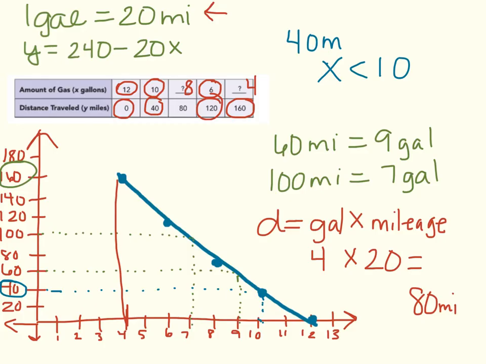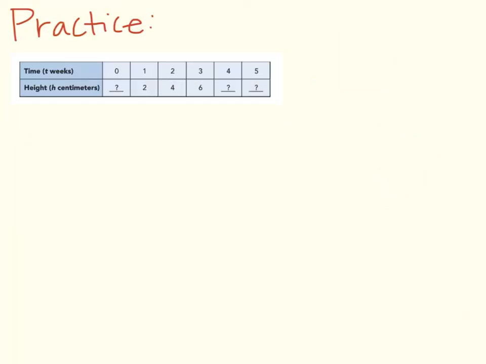All right, let's try one of these on your own now that we've worked through 2 examples pretty extensively. And here's your practice problem. Sarah plants a seed. After T weeks, the height of the plant, H centimeters, is given by H equals 2T. Complete the table below.